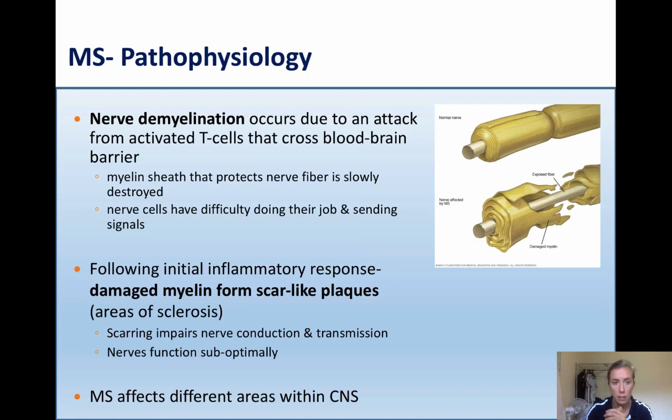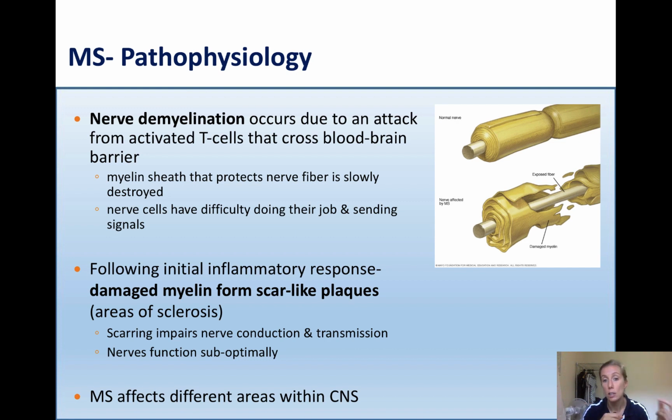So a little bit more pathophysiology: we get what we call nerve demyelination occurring, and that's due to an attack from activated T cells that cross the blood-brain barrier, hence the autoimmune factor. As we said, the myelin sheath that protects the nerve fibre is slowly being destroyed, and the nerve cells therefore have difficulty doing their job and sending the relevant signals around the body for whatever function they're responsible for.